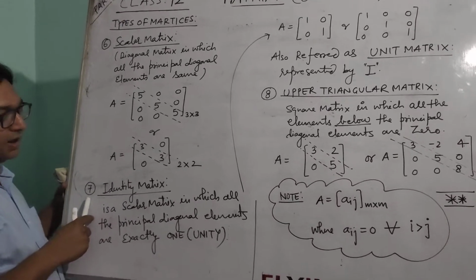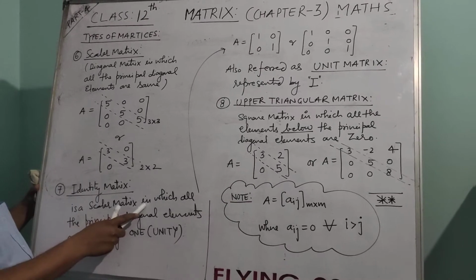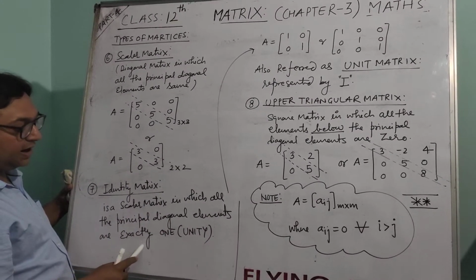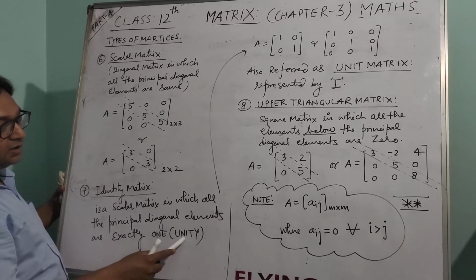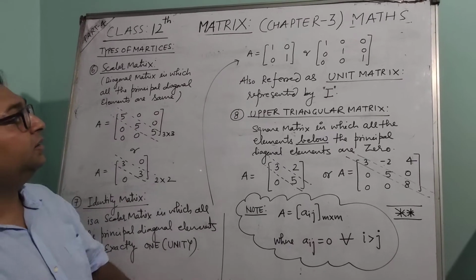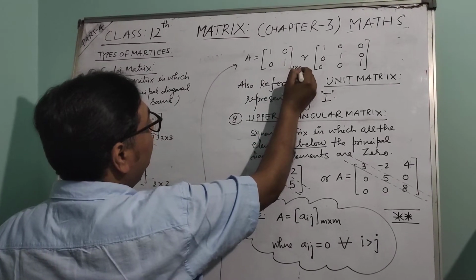Now the seventh one is identity matrix. It is a special type of scalar matrix in which all the principal diagonal elements are exactly 1. 1 means unity. Here you can see 1 0 0 1. This is the identity matrix of 2 by 2 order.